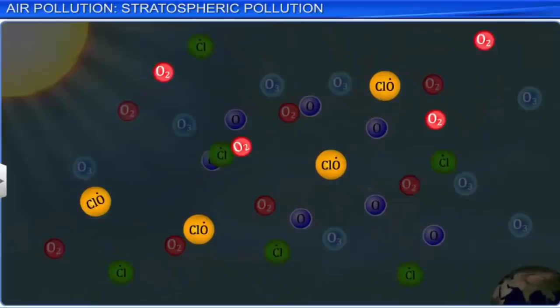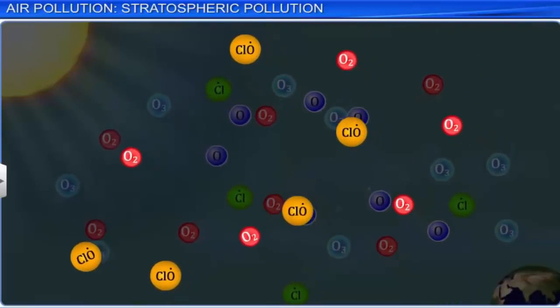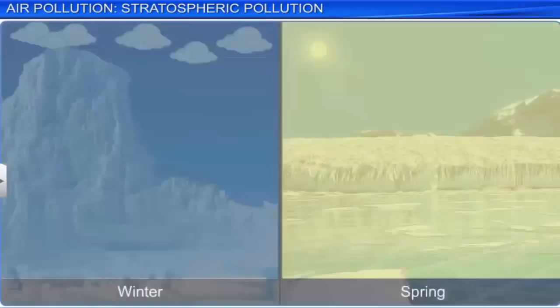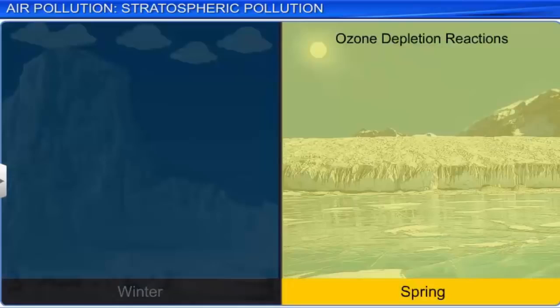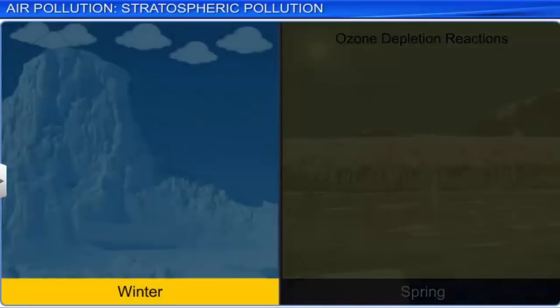Thus, ozone gets depleted in the stratosphere. In Antarctica, ozone depletion reactions occur in spring as it requires the presence of sunlight. During the dark days of the winter, the region gets covered with polar stratospheric clouds.